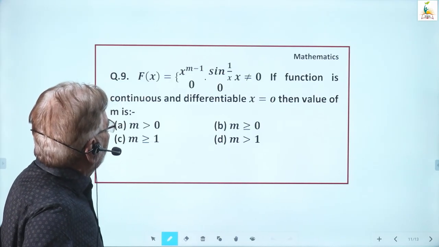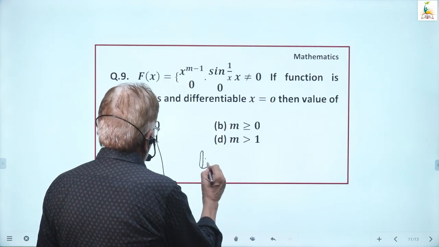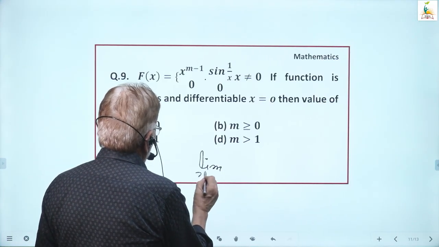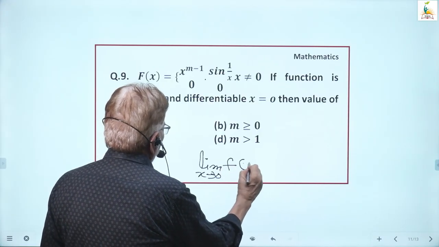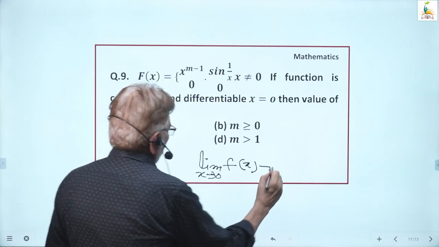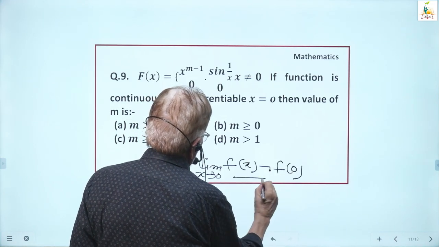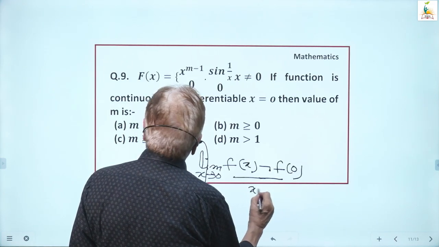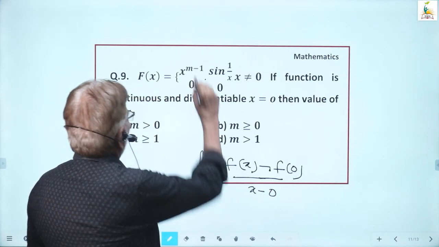Let us see. If I check limit x tends to 0, (f(x) minus f(0)) upon (x minus 0).